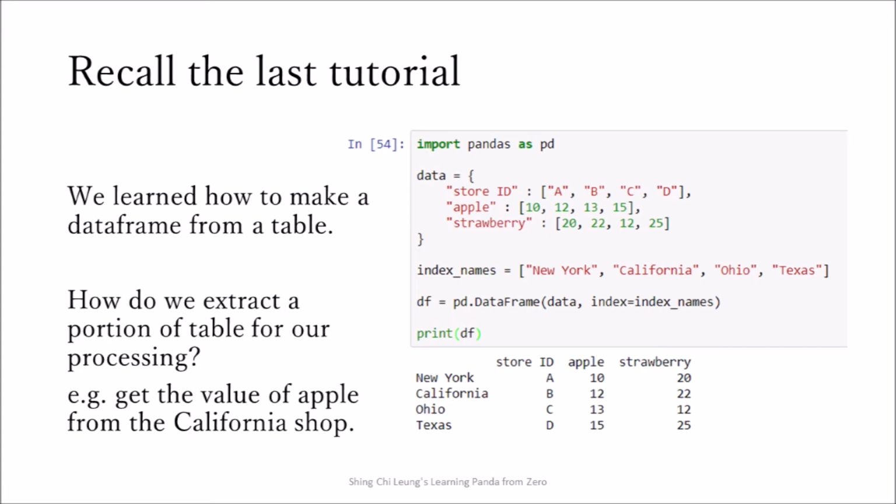Let us recapitulate what we have learned in our last tutorial. We have covered how to build a data frame by passing a list, dictionary, and a CSV file to Pandas. We have studied some settings which help us to create the table that resembles the original one. When we print the data frame, it always outputs all the data.